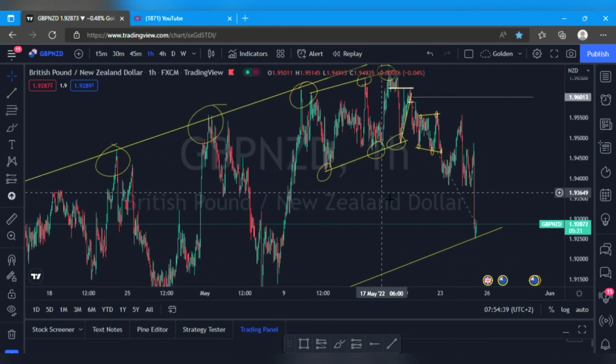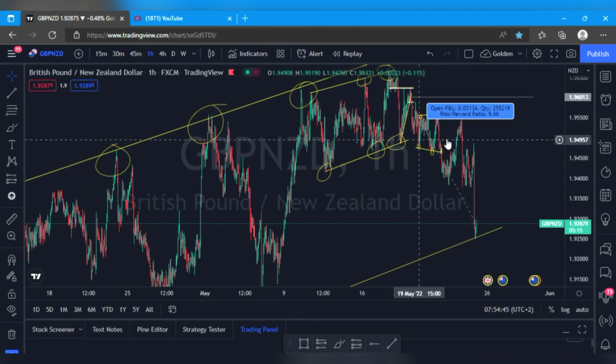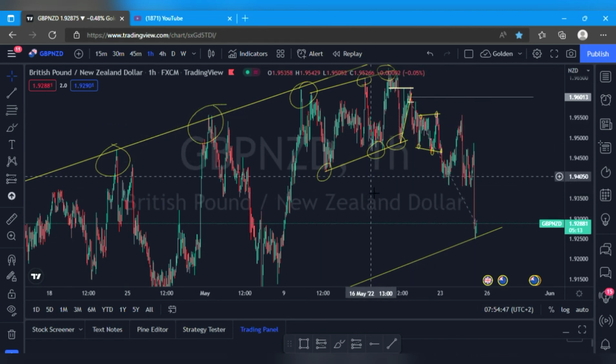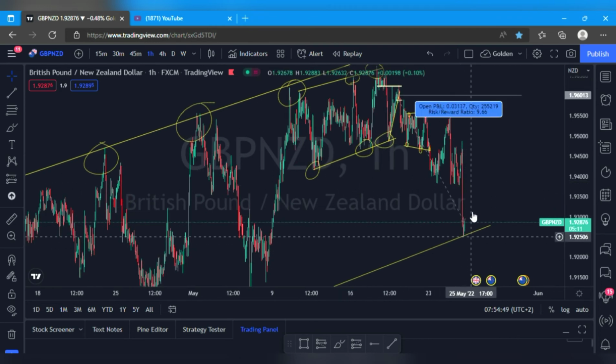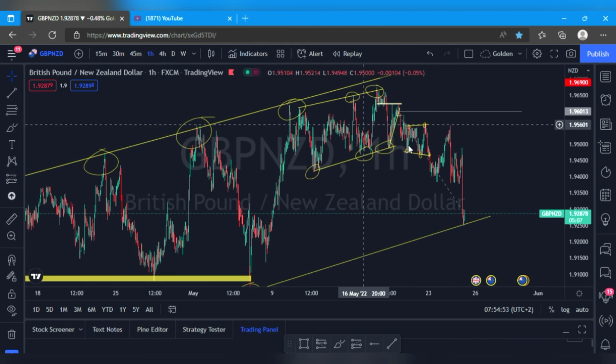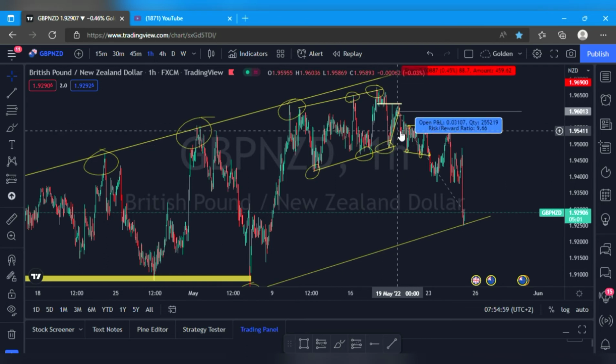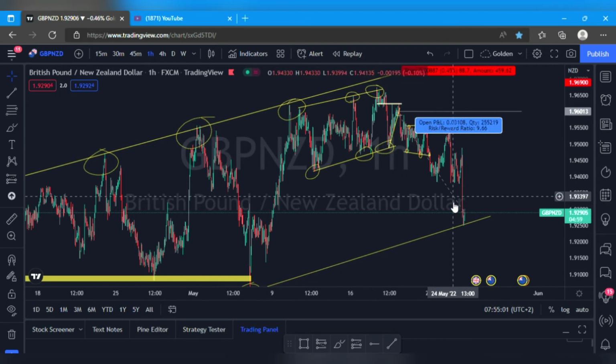So the market broke out, continued to move to the downside, but I didn't really get involved here because I wanted to wait for the breakout of the overall structure. I don't trade the breakout of the inside structures because anything can happen on the inside structures, I only trade the breakout of the overall structure.